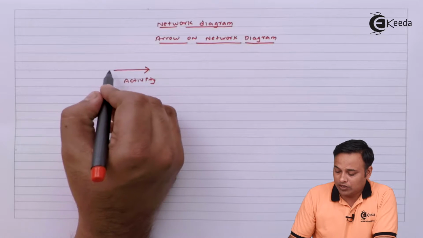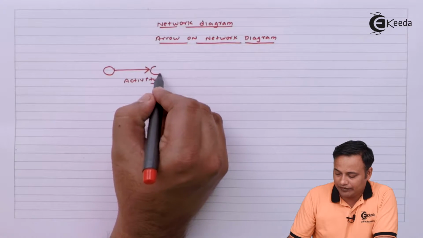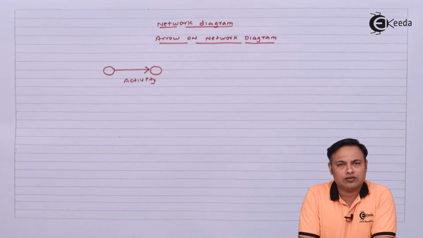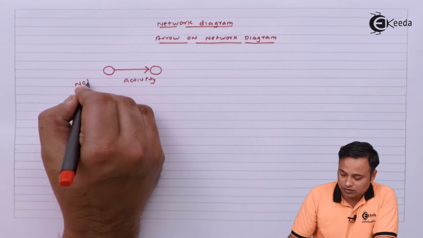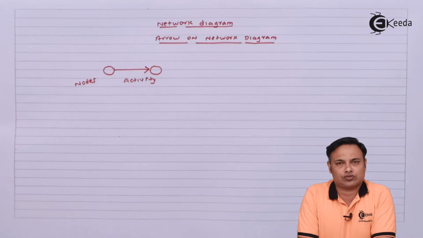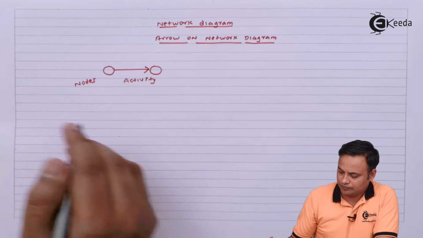The start of the activity and the end of the activity will have circles called nodes. Now nodes are the connecting points. They are used to join activities in a network diagram.